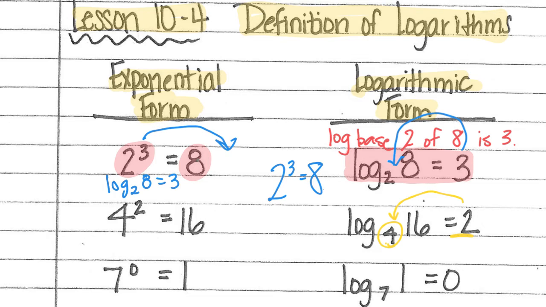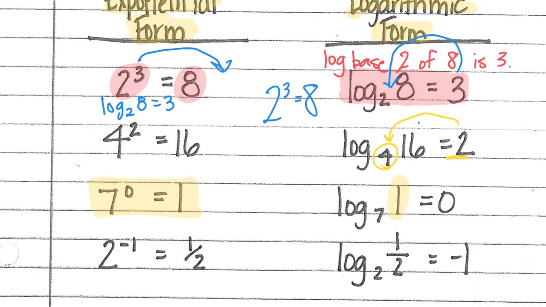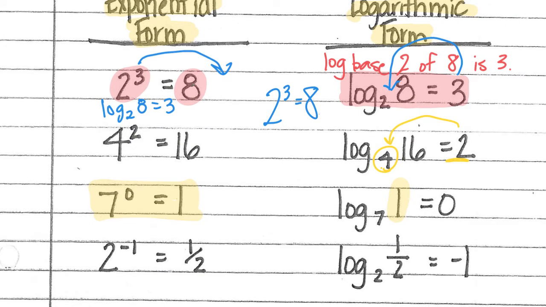Remember, anything to the 0 power is 1. So anytime you see that 1 in this position right here, we know it's going to equal 0. And let's look at a couple more. 2 to the negative first is a half. So remember, this negative right here tells me to throw it on the bottom. And negative 1 is equal to log base 2 of 1/2.